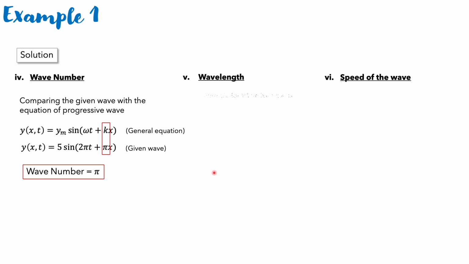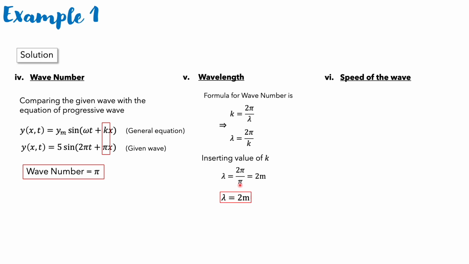Next is wavelength. If you go back to the first equation, you will see that k is equal to 2 pi over lambda. Here lambda is the wavelength. So we rearrange terms to derive the value of lambda. Lambda is equal to 2 pi over k. Now we substitute the value of k here, and we get 2 pi over pi.